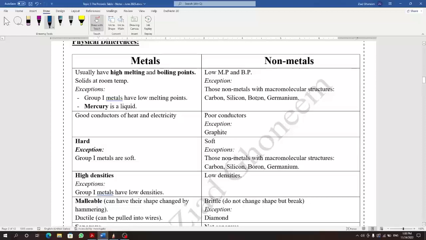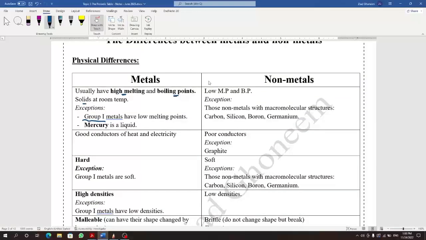For metals, metals have high melting and boiling points, and they are solids at room temperature, except for group 1 metals. The exceptions are very important because in most cases in the O level for year 10 students, they are asked to explain why group 1 metals are not ideal or typical metals.